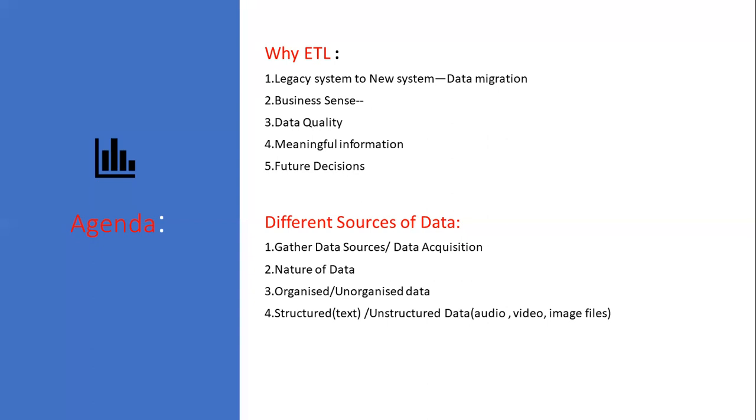Because this is totally architecture you are learning, how the ETL works. See, unstructured data means the data which you cannot store or save in the database. Audio and video files you cannot save because they don't have a specific pattern. So that is why they're known as unstructured. Right now I've shown you the example of ID, name, department, location.